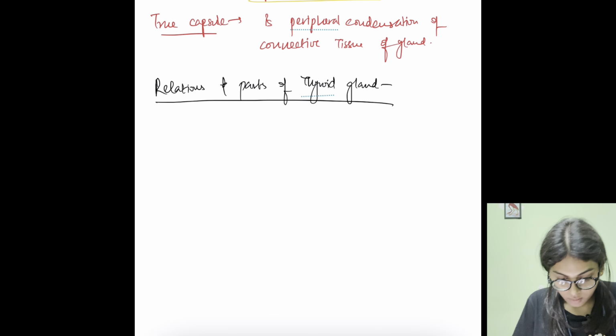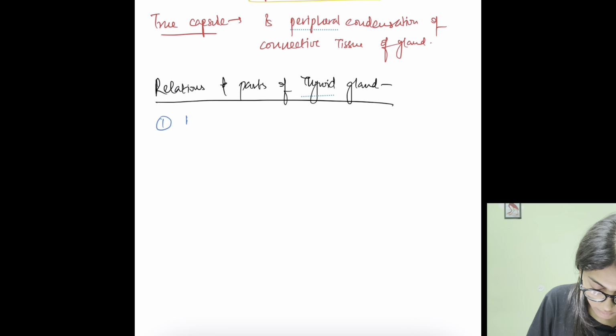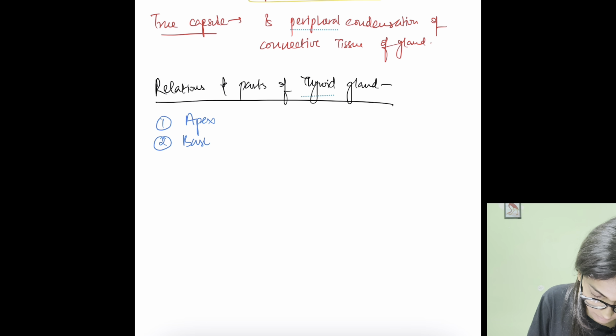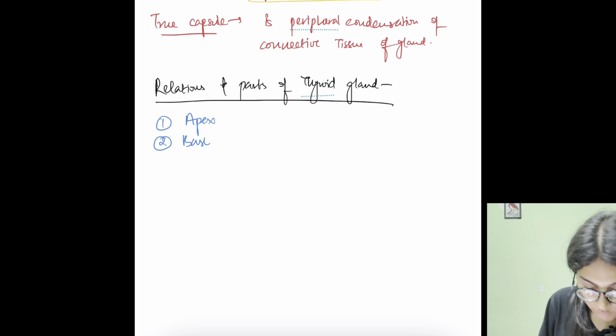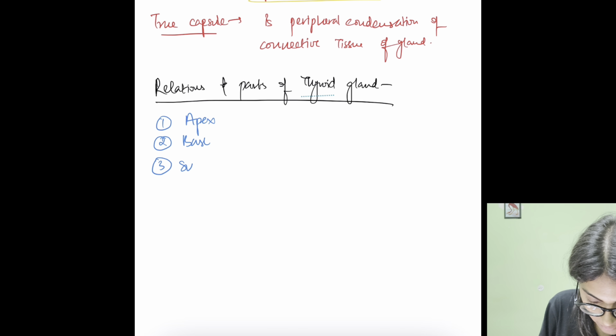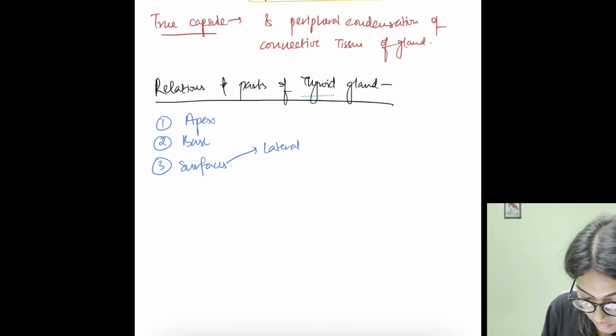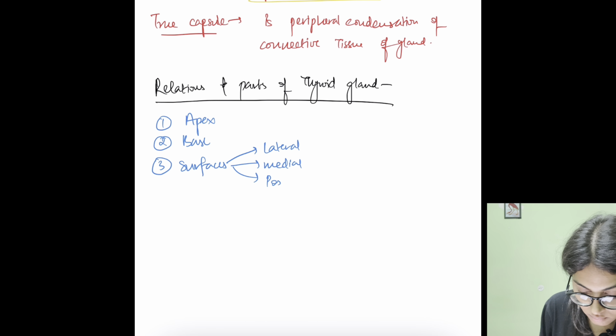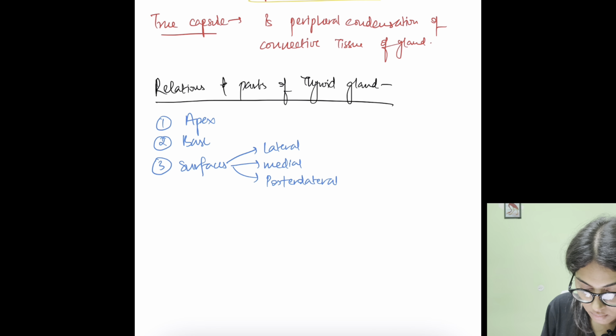In the thyroid we have one apex, second base, and if we talk about the surfaces, we have three surfaces: the lateral surface, medial, and the posterolateral surface.